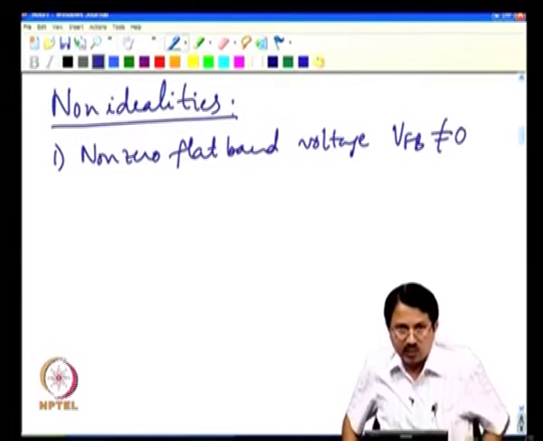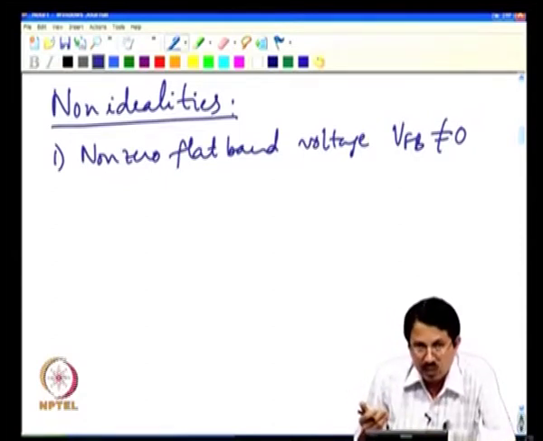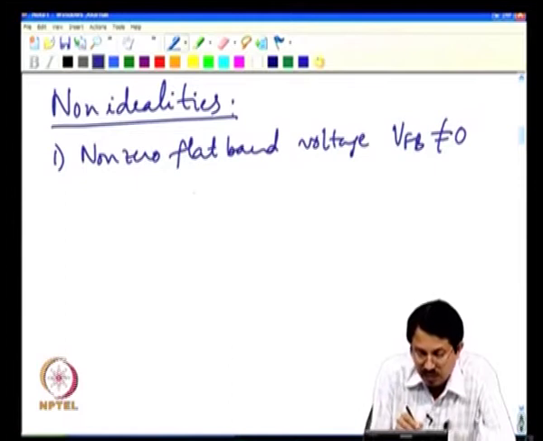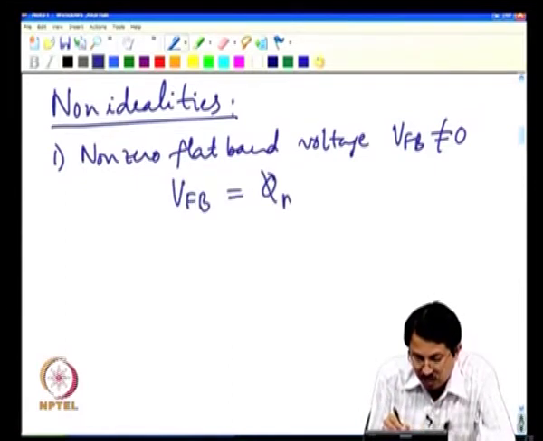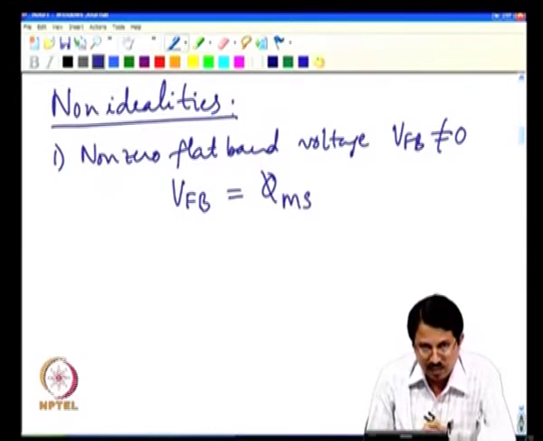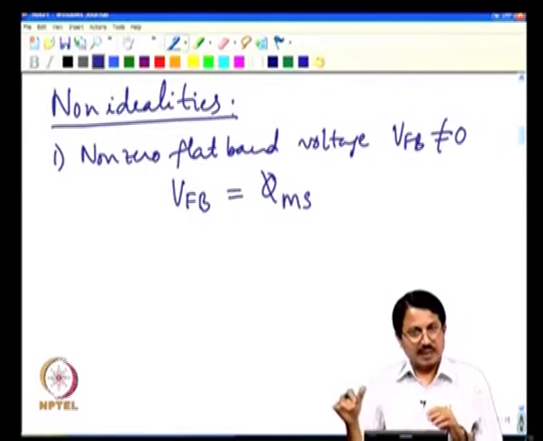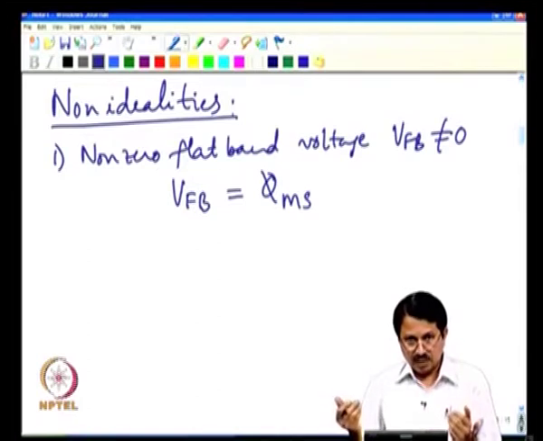So, VFB not equal to 0. What are the contributors for VFB? Essentially, as you may recall, VFB is the work function difference between the metal and silicon, right, because in ideal capacitance we said I have chosen a fictitious metal which has the same work function as silicon, but that will never be the case.